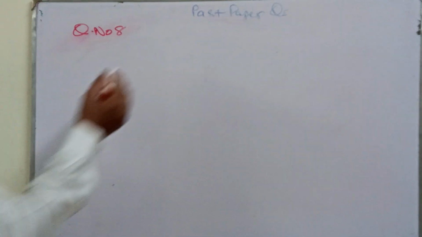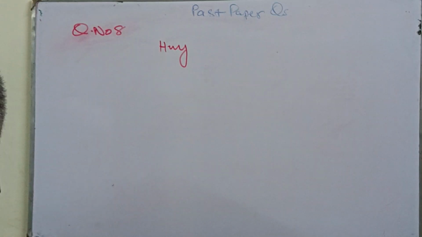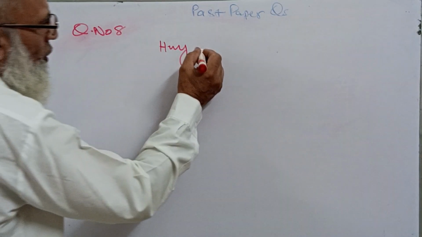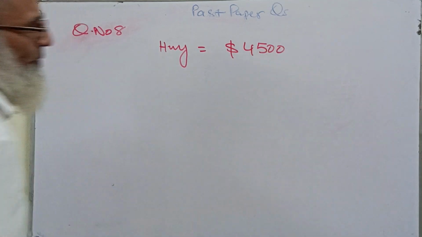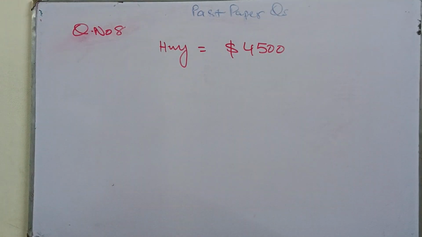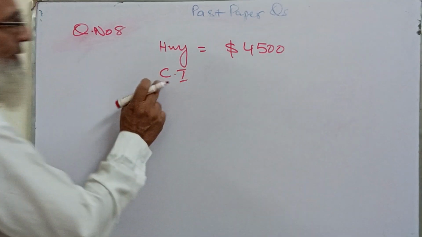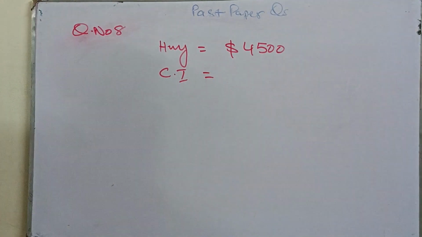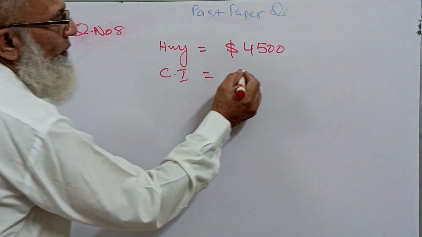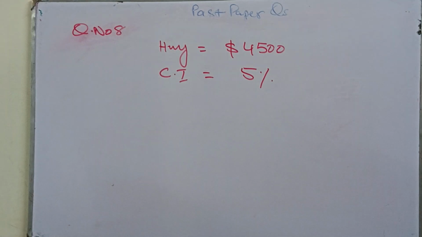Now he borrowed how many dollars? He has borrowed $4,500 from the bank, and the period is the interest. Now this is CI. CI means compound interest, SI means simple interest. The rate of compound interest is 5%.